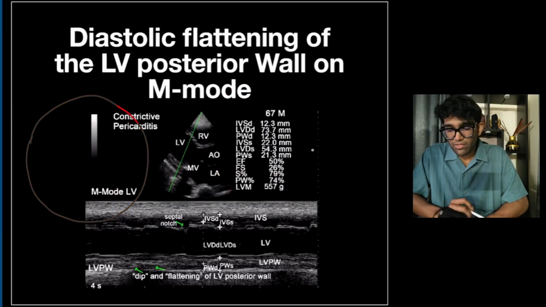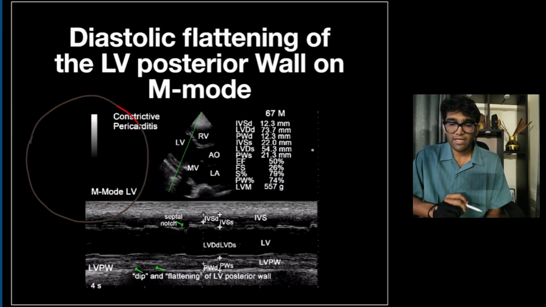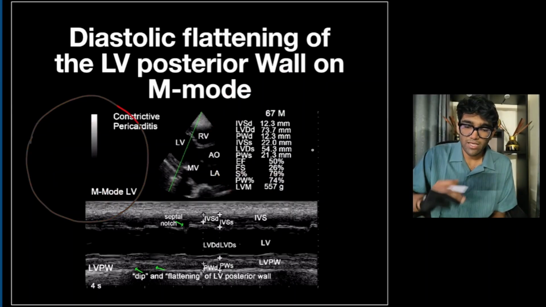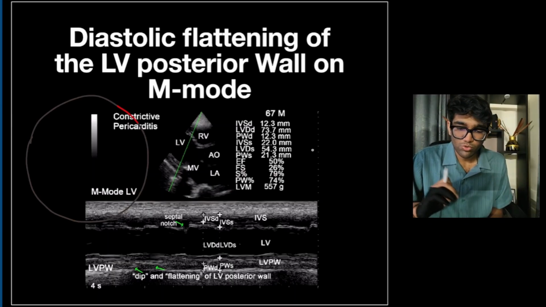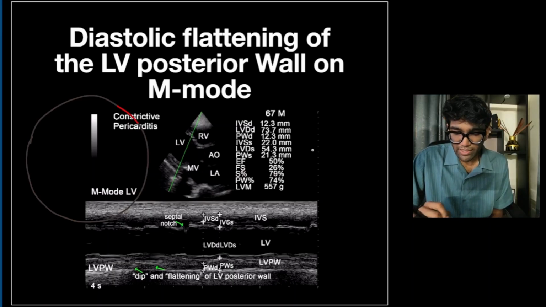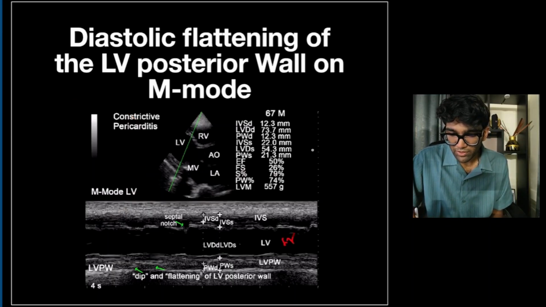So what we do is we actually take a parasternal long axis view and pass the line of interest through the septum and the posterior wall. Okay, so what we find here is that during diastole, so this is the left ventricular lumen, this is the interventricular septum.